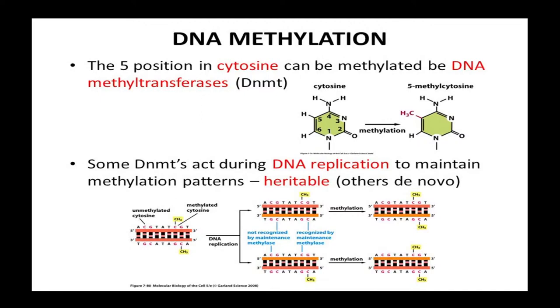During methylation, the 5 position in cytosine can be methylated by DNA methyltransferases. Some DNA methyltransferases act during DNA replication to maintain methylation patterns heritable, and others act de novo.